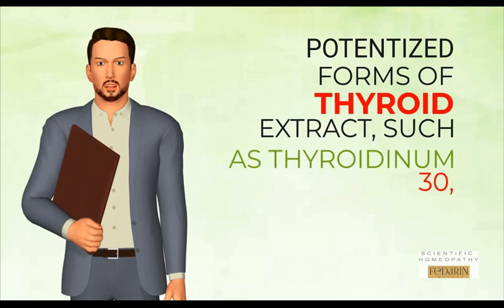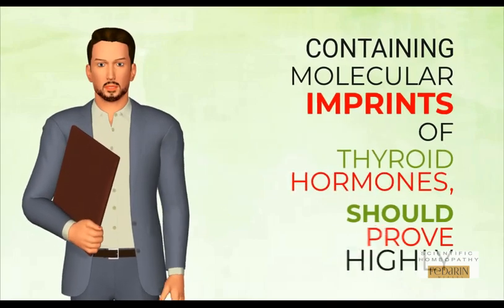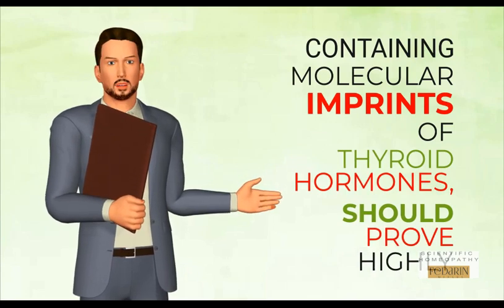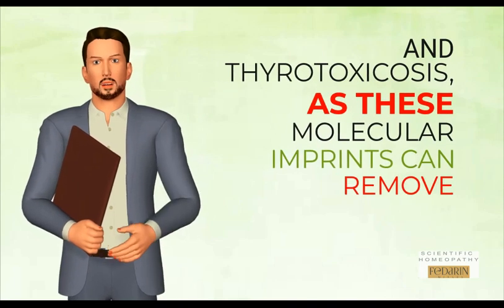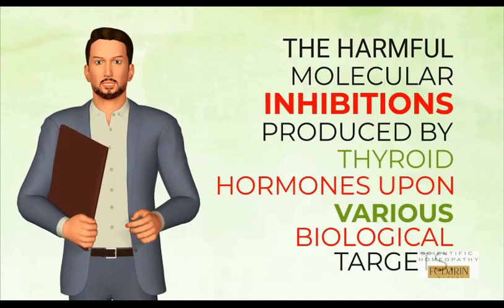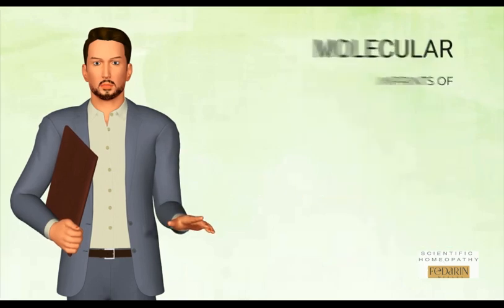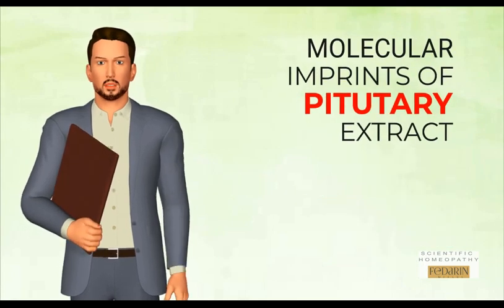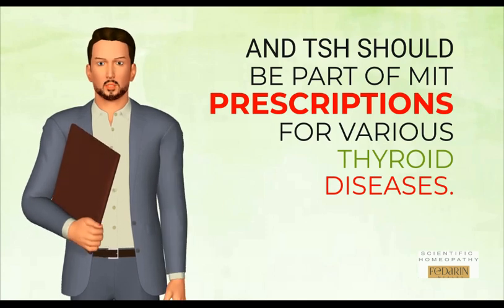Potentized forms of thyroid extract, such as Thyroidinum 30, containing molecular imprints of thyroid hormones, should prove highly effective, especially in cases of hypothyroidism and thyrotoxicosis, as these molecular imprints can remove the harmful molecular inhibitions produced by thyroid hormones upon various biological targets.